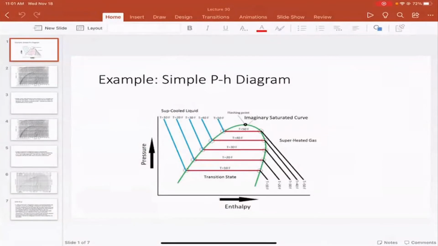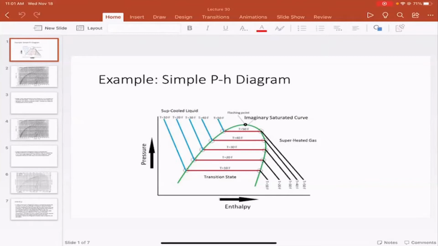And so that's right here. And you'll notice that the shape looks really similar to the TS diagram. So here, instead of temperature being on the y-axis, it's pressure. Instead of entropy being on the x-axis, it's enthalpy. And what's happening is that we have these isotherms that come down.